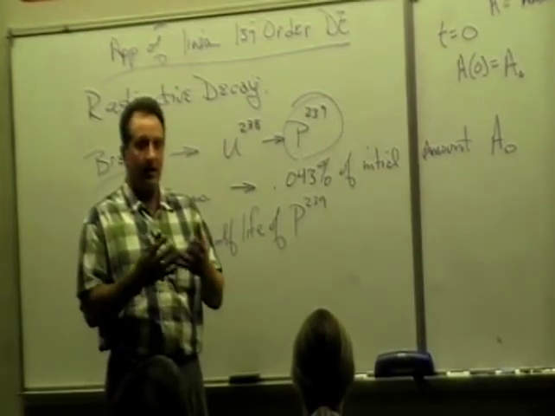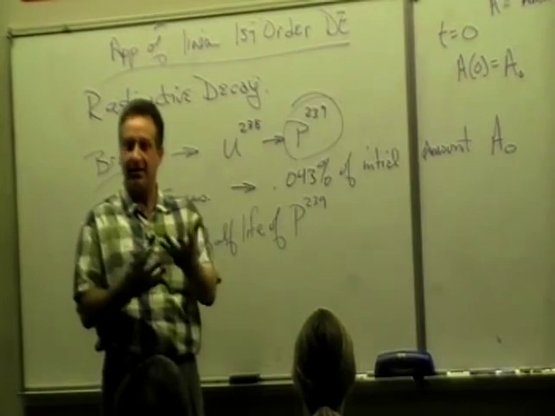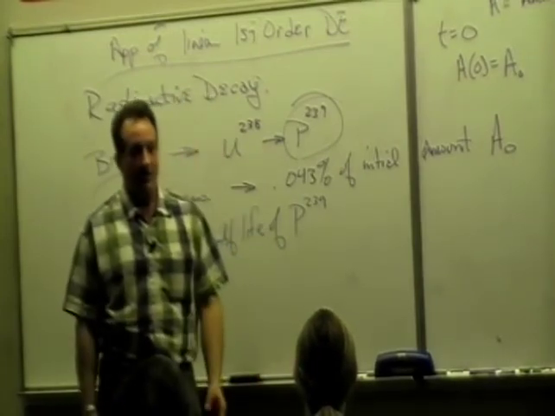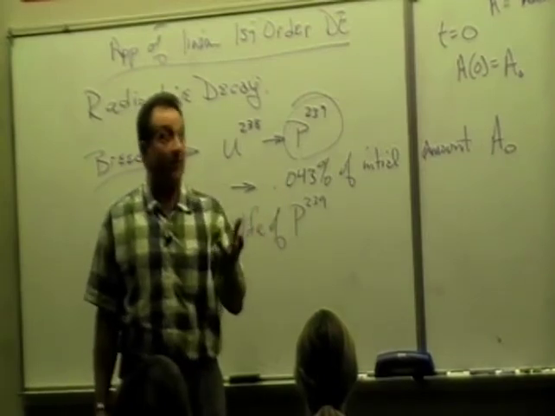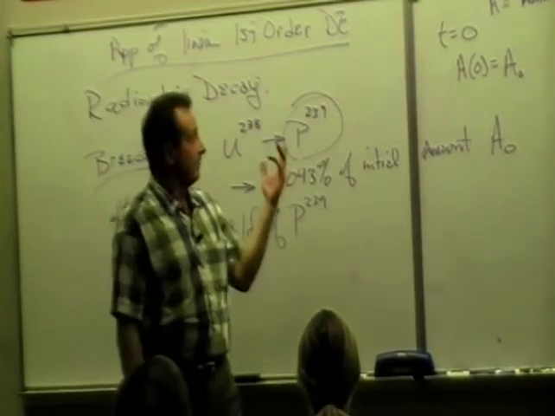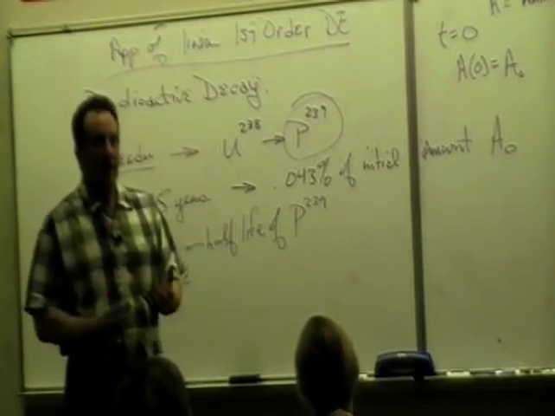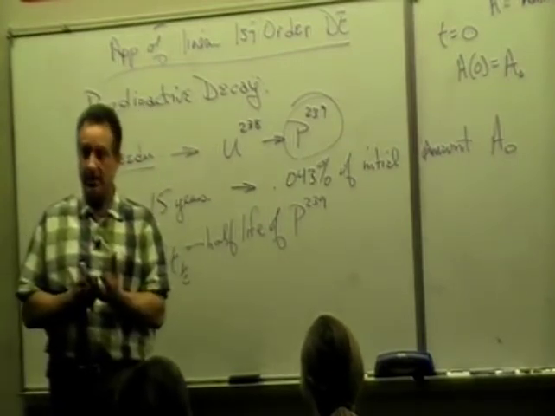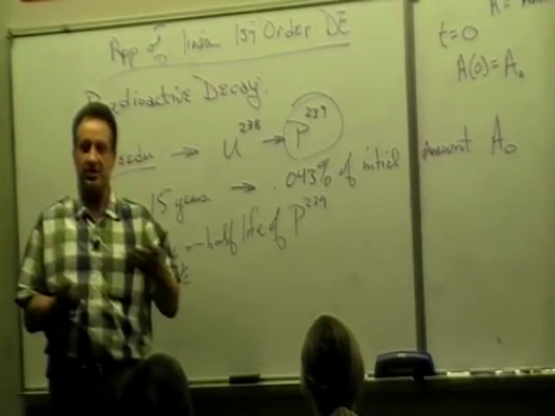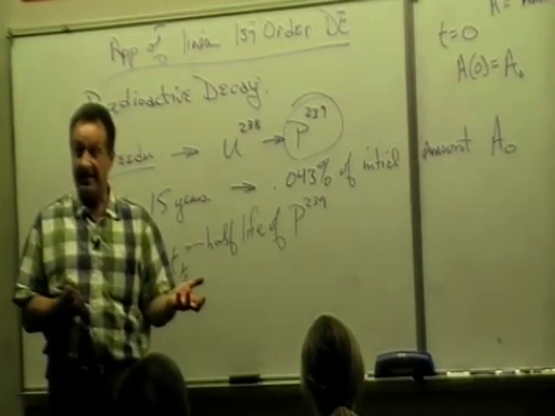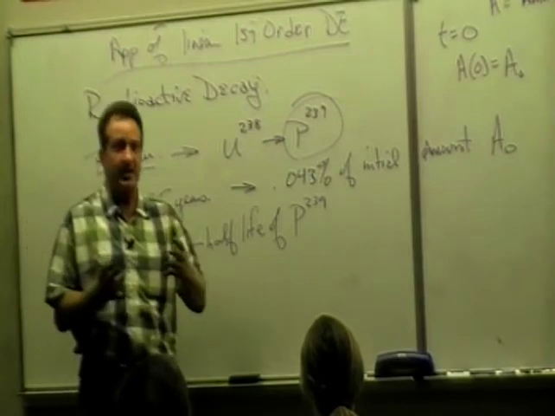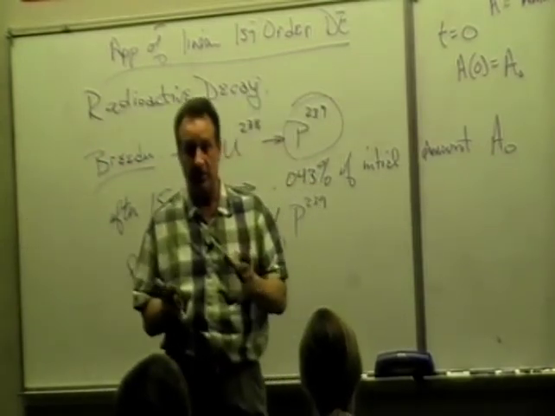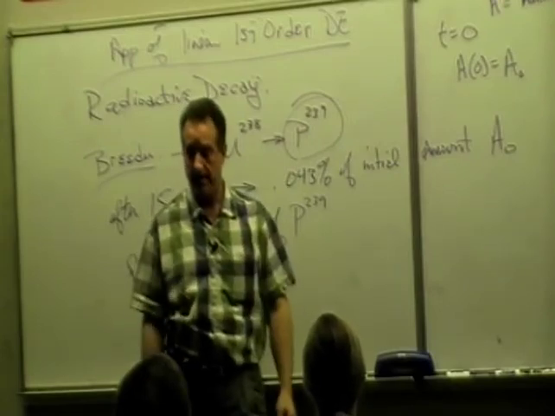It's becoming less and less because it's decaying into other elements. So if I had 10 grams of this plutonium, how long would it take for half of the 10 grams to disintegrate away? That's a half-life. The amount of time it takes for half of your radioactive material to disintegrate away.